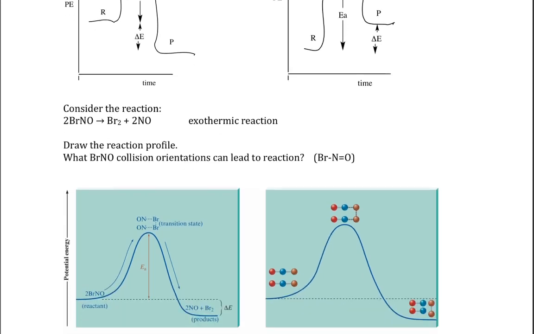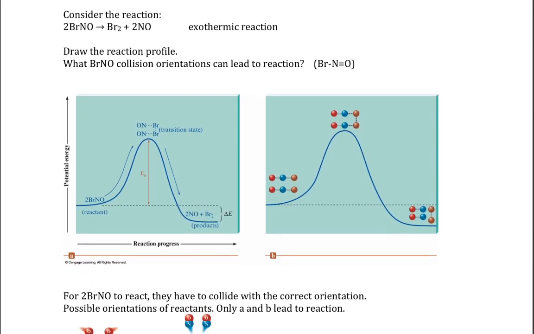So now let's consider this reaction, 2BrNO forming Br2 plus 2NO. It's an exothermic reaction, so draw the reaction profile. It's going to look like what's shown there on the left. That is reactants at higher energy than products because it's exothermic, and then EA representing that energy barrier.